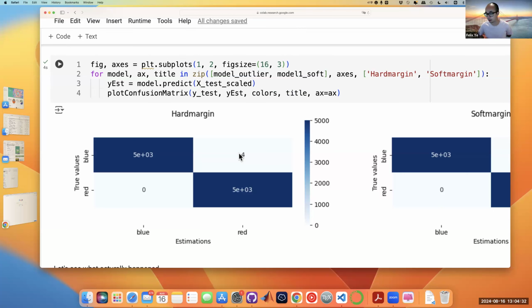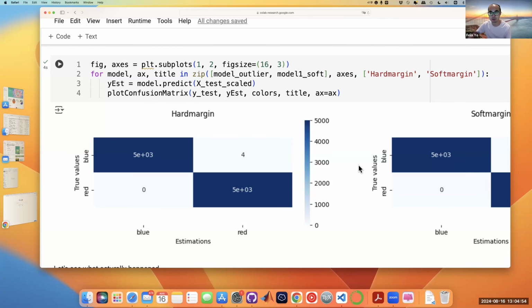So that creates additional errors, because my line is not robust enough, and if we perturb the testing data a little bit, it will create more errors.